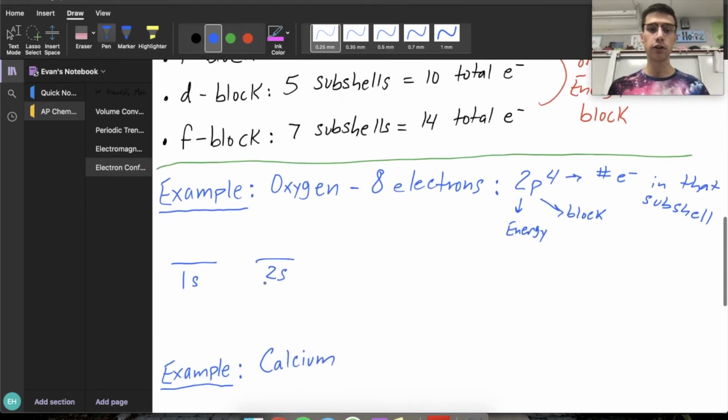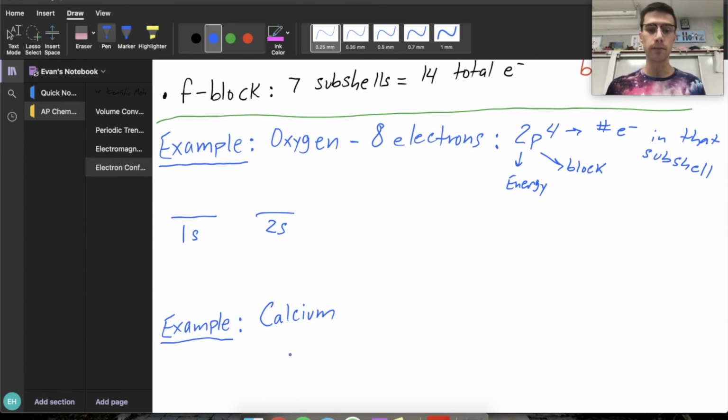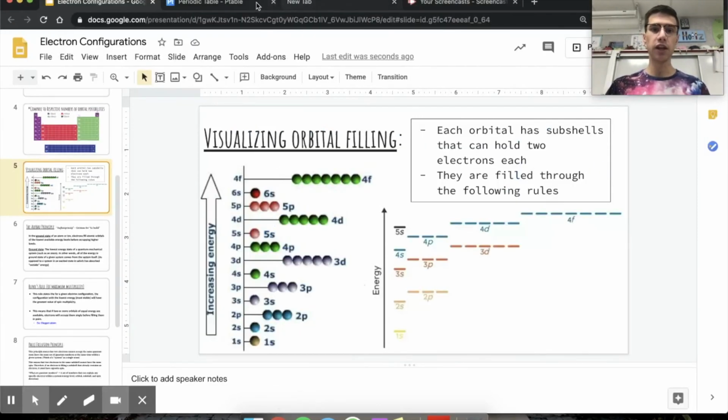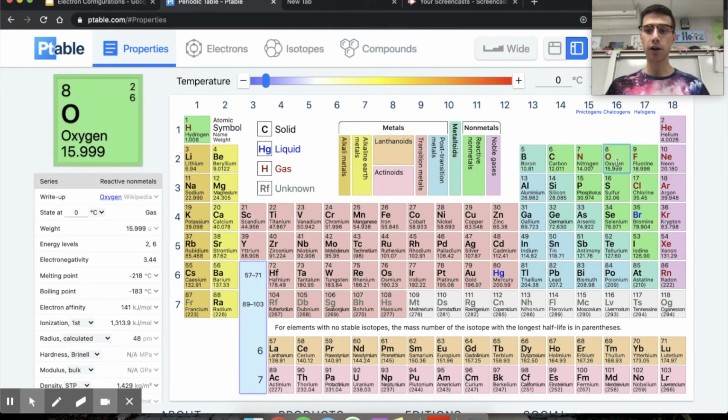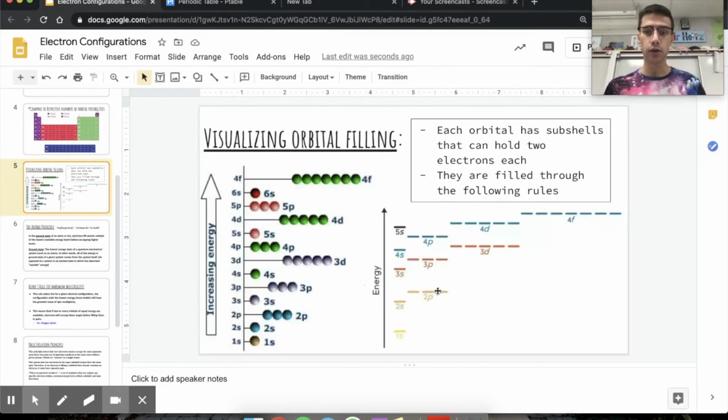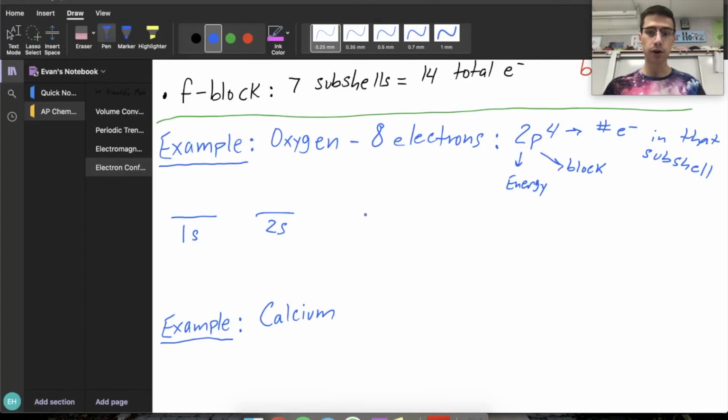We'll see what it looks like in terms of filling those in order once we figure out where our last energy level is, which will depend on where the element is in the periodic table. Like I said, we're talking about oxygen here, and oxygen is in the second energy level in the p block. So it's in the 2p subshell, which is actually right here. The 2p subshell comes after 2s, so I'm going to fill that in. 1, 2, 3.